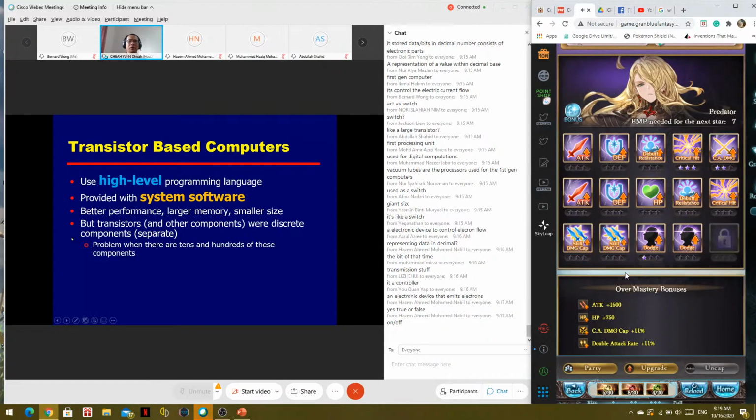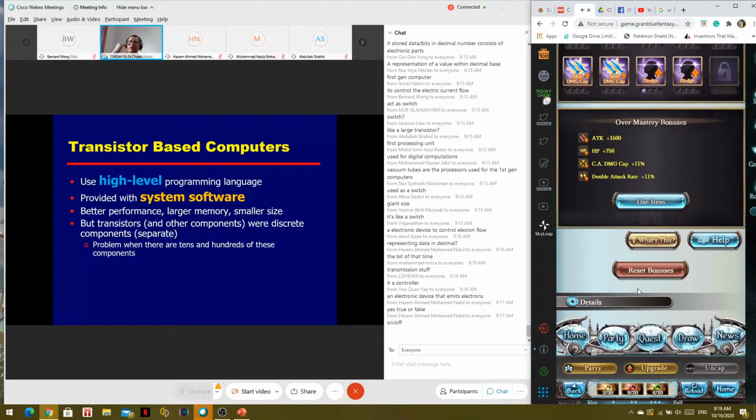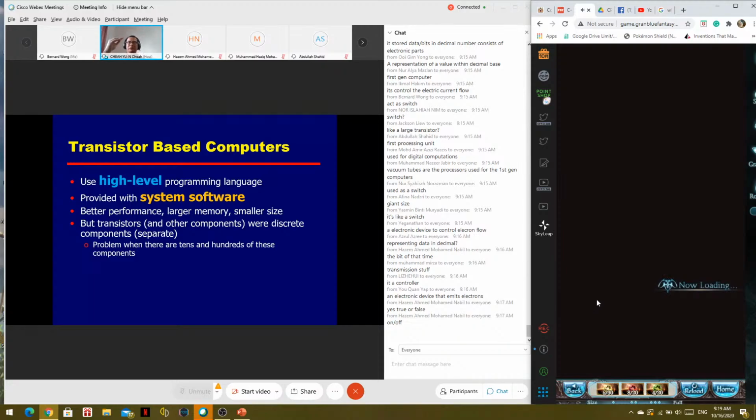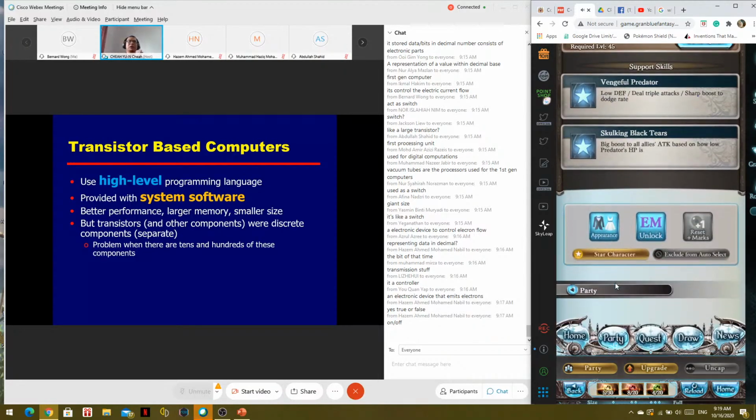With the availability of more complex circuits, the languages used to program these computers were now at a higher level.